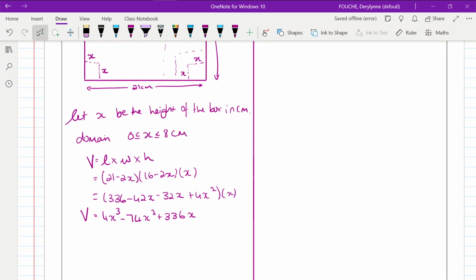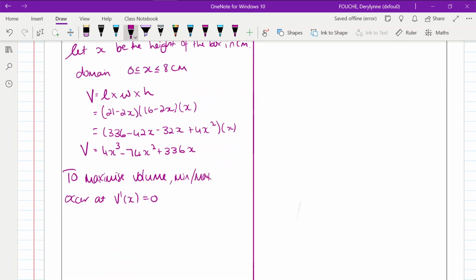Alright, now we're wanting to maximize our volume. So we know that our maximums or minimums are going to occur at our stationary points, and that is when our first derivative is equal to 0. So to maximize our volume, our mins or maxes occur at V dashed of x equal to 0.